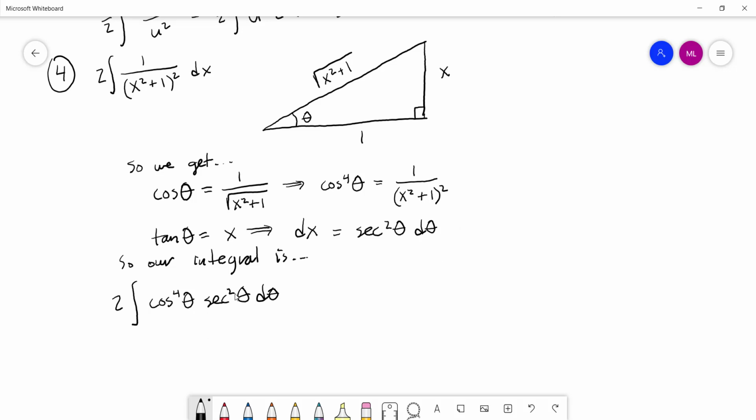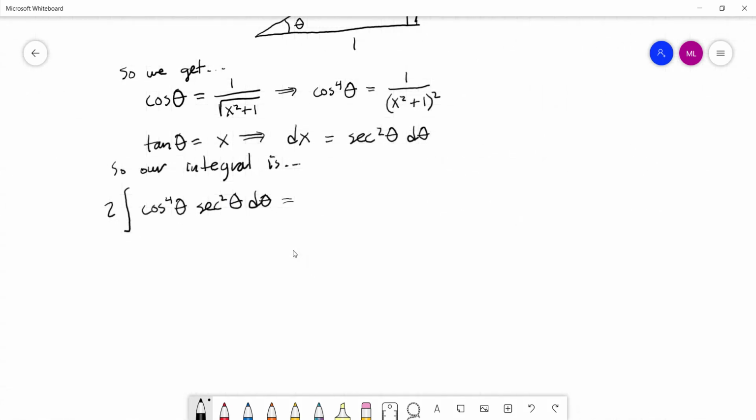Remembering that secant is 1 over cosine, there will be some cancellation of the cosines. So this is going to be 2 times cosine to the 4th of theta times 1 over cosine squared of theta d theta, and we'll be able to cancel this with 2 of the powers and be left with a cosine squared. So we've got to integrate 2 times the integral of cosine squared of theta d theta.